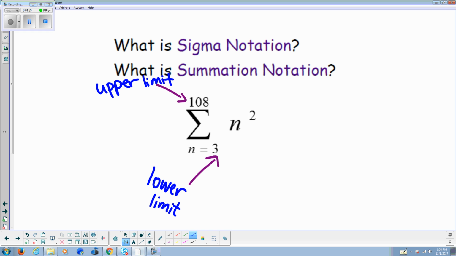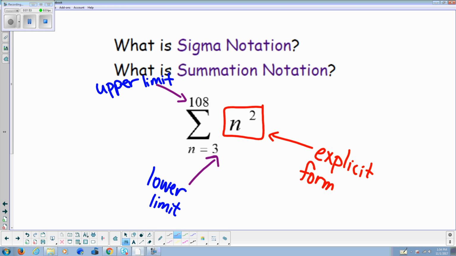And this portion to the right of the sigma is where we're going to write our explicit formula that describes our sequence or our series. This particular explicit formula is not linear, which tells me that this would not be arithmetic.